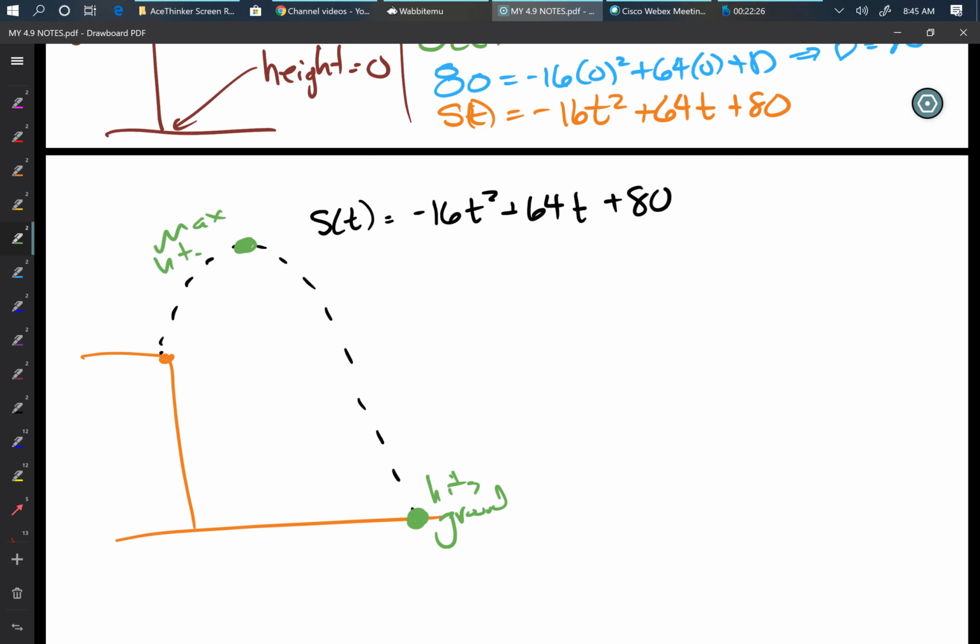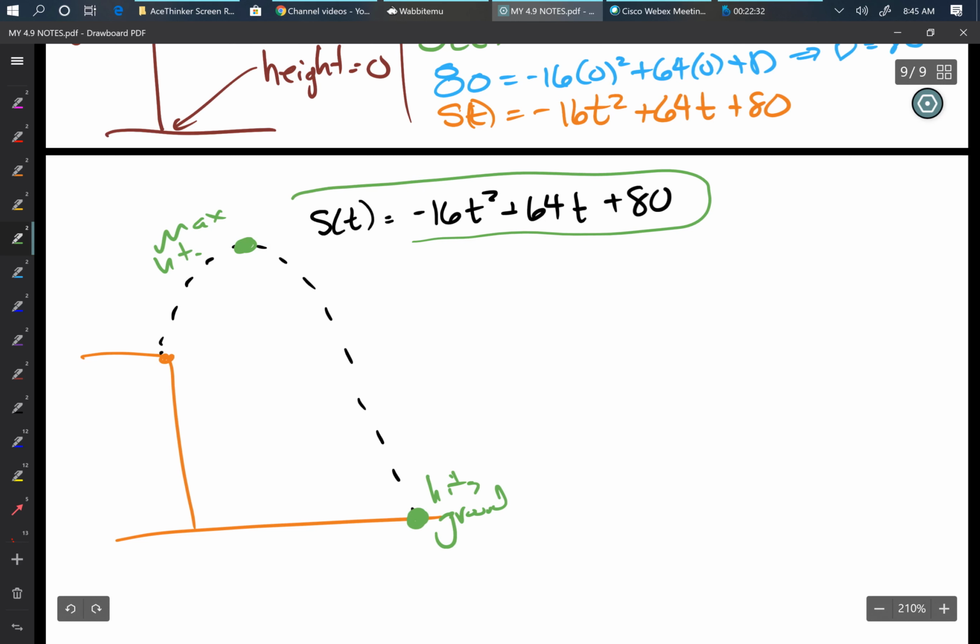Well, finding the max height tells me to find the maximum of that function. I could use calculus, but you guys know I'm lazy. Isn't that a parabola that opens down? And for a parabola that opens down, the max is at the vertex.